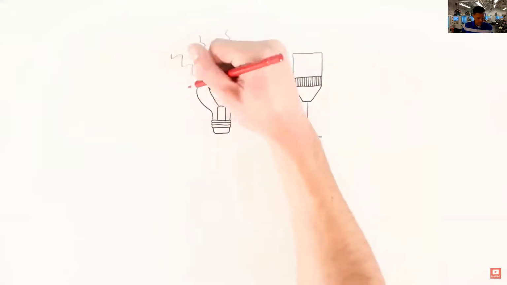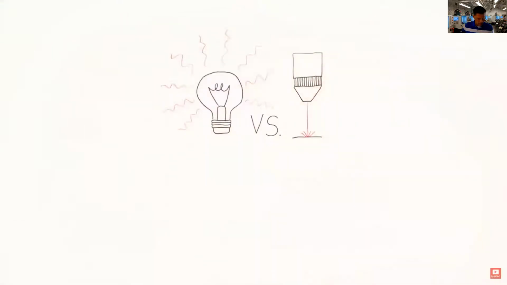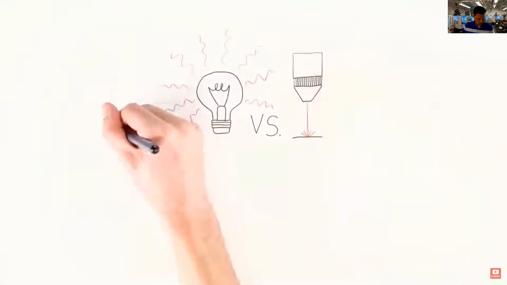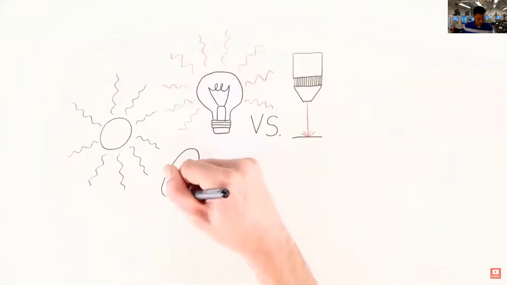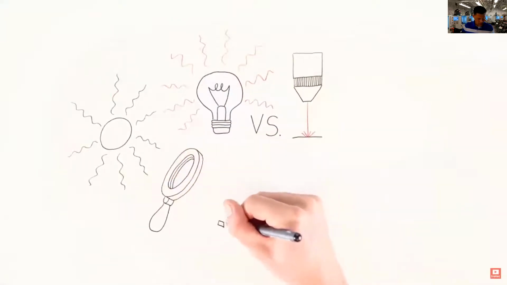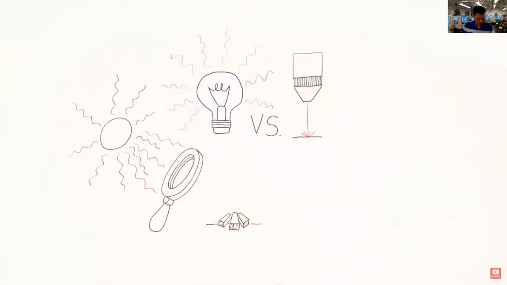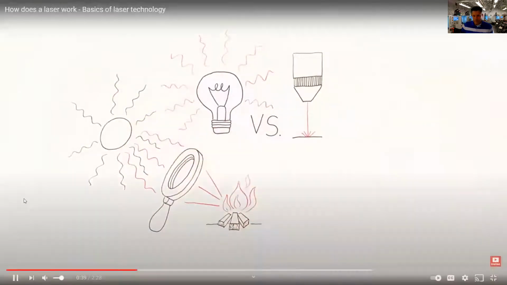The light bulb emits several wavelengths, but the laser has only one wavelength, meaning it is monochromatic. The light bulb radiates in all directions, whereas the beam of the laser is directed. The laser light is coherent, so the wave trains are much longer than those from a light bulb.